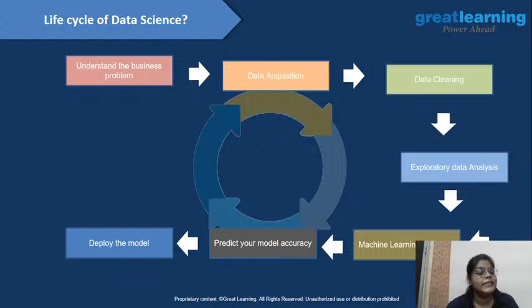After that you will deploy your model. Deploying your model, in layman's terms, means maybe you deploy your model on AWS or some other cloud based mechanism where someone else can go and use your model, right? So this is the whole life cycle of data science.